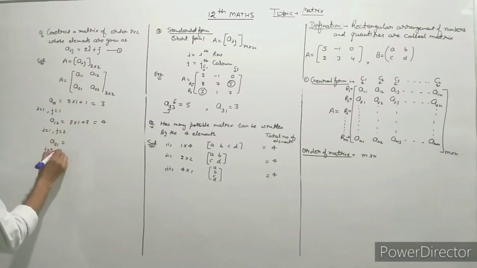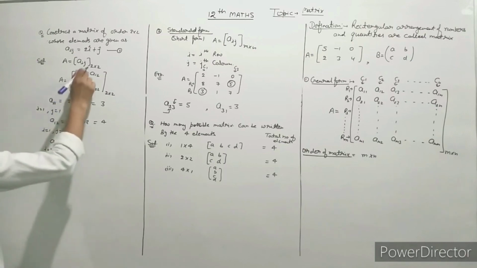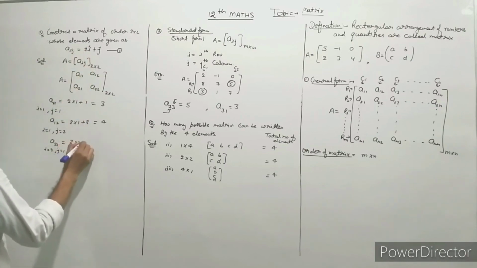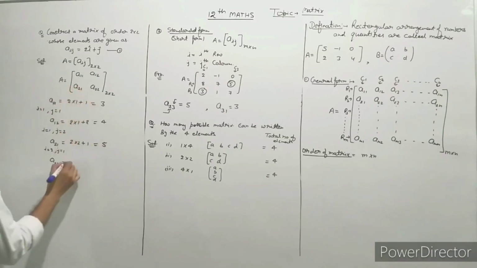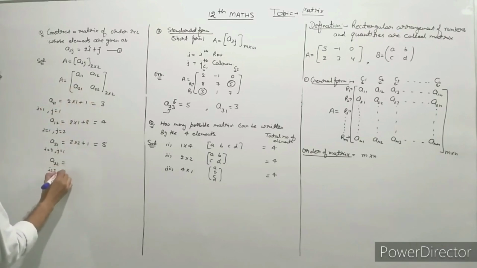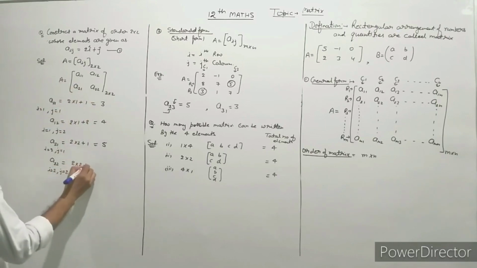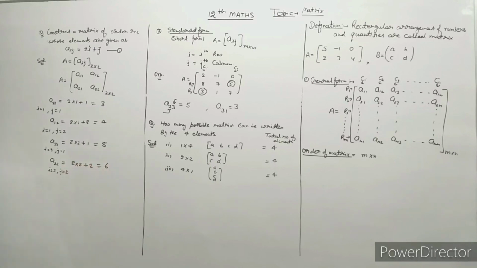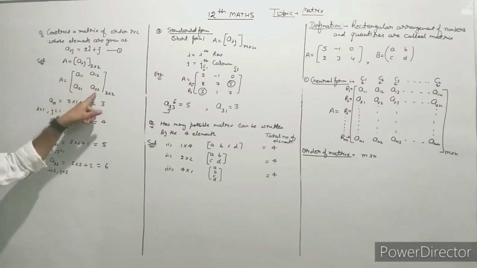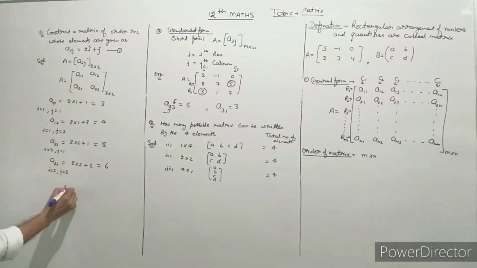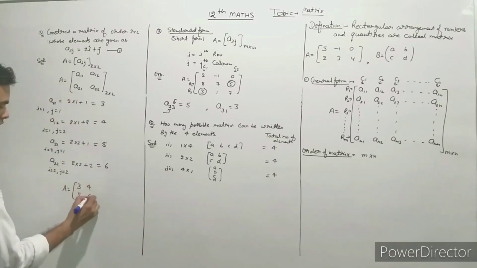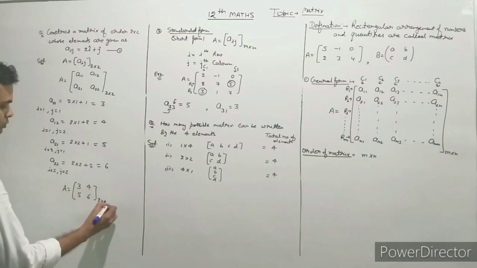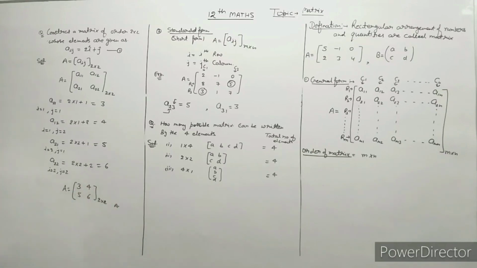It means put i is equal to 2, j is equal to 1. It means 2 into 2 plus 1, 5. And now lastly we find the value of A22. It means put i is equal to 2, j is equal to 2. It means 2 into 2 plus 2, 6. So we get all these values A11, A12, A21, A22. And now we can write the matrix A as 3, 4, 5, 6. It is a matrix of order 2 by 2 and it is the answer.